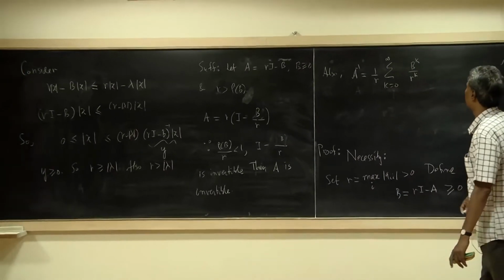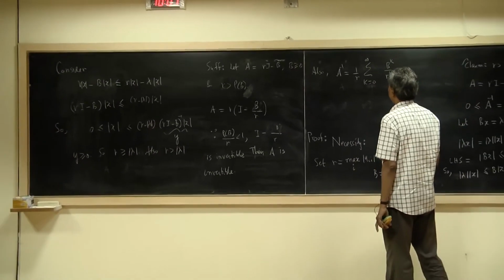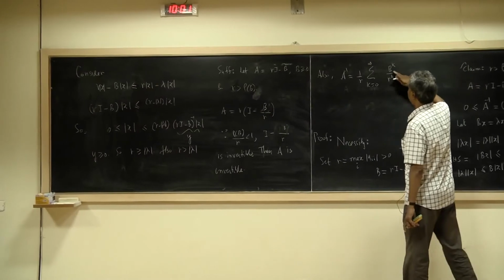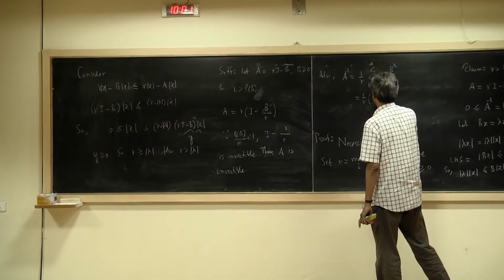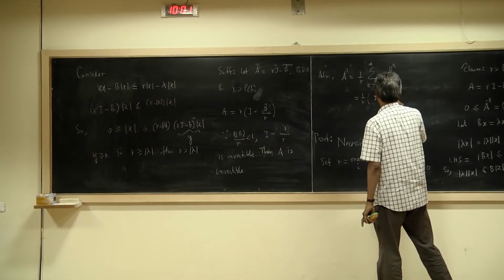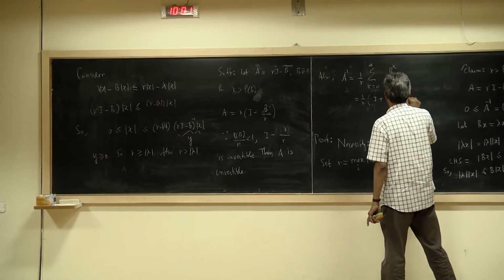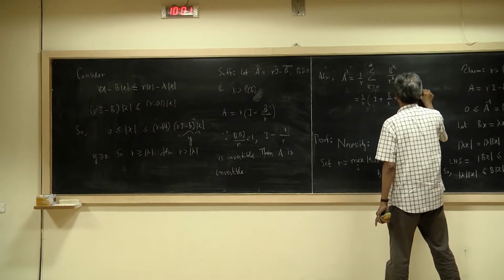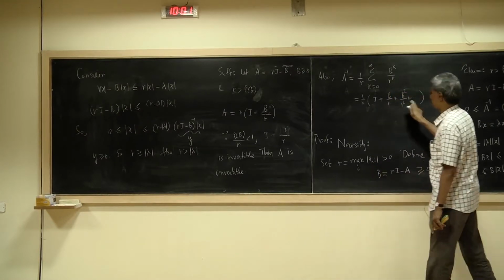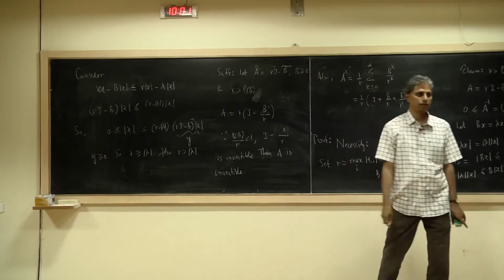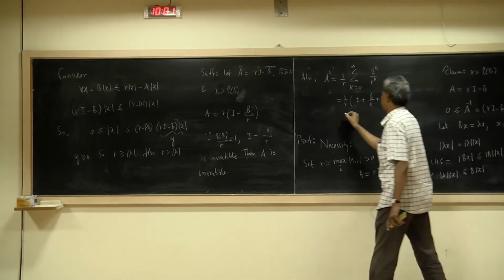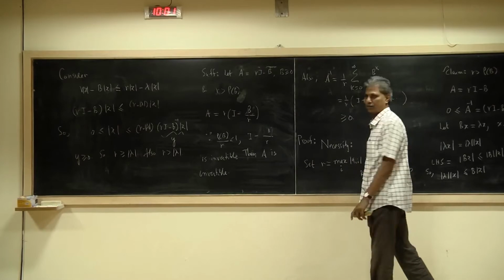Now observe, this is 1 by R into identity plus B by R plus B squared by R squared, and so on. Each of these terms is non-negative because B is non-negative, and so this matrix is entry-wise non-negative.